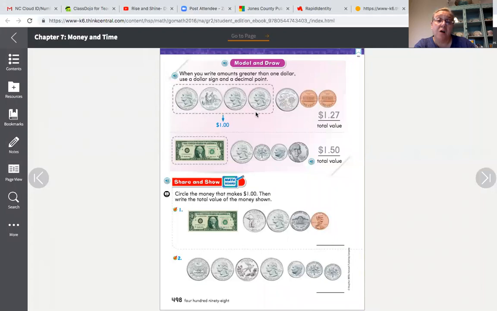We have $1, and now let's count up the rest of the cents. So here we have another quarter, and our quarter is worth 25 cents, right? 25 cents. So $1 plus 25 cents gives me $1.25.